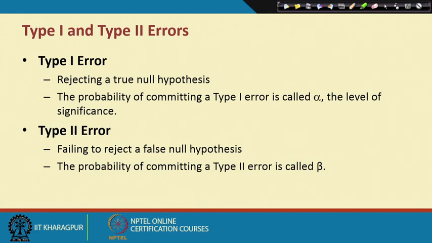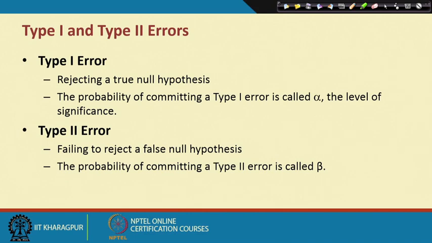When you set the null hypothesis, it is a statement which you are putting, and by default it is represented as the null hypothesis. The statement may be true, may be false, so that is why we give two options. That is how the decision making is taken care of. So, the null hypothesis is true or false, and then you have two options, to reject or accept.